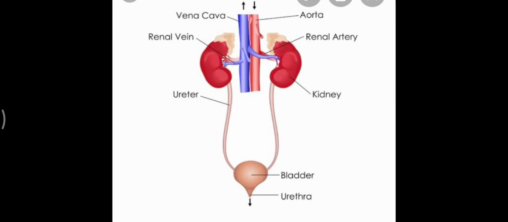Now let us go to the next part, that is the ureter. You can see the two tubes coming out from each kidney, and that tube is known as the ureter. This ureter brings the urine from the kidney to the urinary bladder. Now the next part is the urinary bladder.